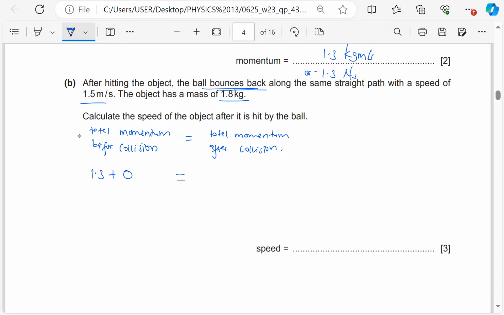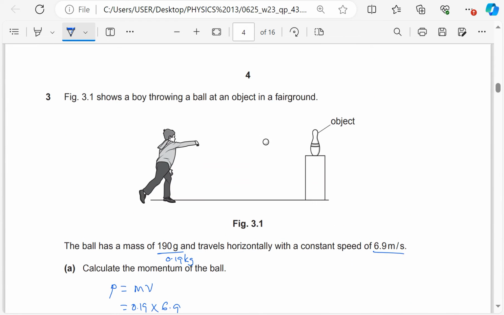The object has a mass of 1.8 kilograms. We don't know its speed, but the ball rebounds. It bounces back with a speed of 1.5, so it is in the opposite direction. Momentum to the right-hand side was positive, momentum to the left-hand side is going to be negative.